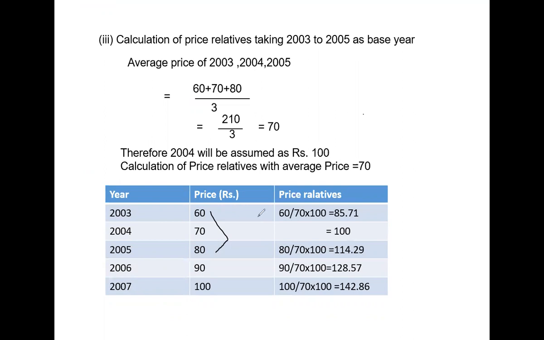And then use 70 as your base value, or the base price. So when you are computing the price relative, it will be 60 divided by 70 times 100, 70 divided by 70 times 100, 80 over 70 times 100, 90 over 70 times 100, and 100 over 70 times 100, okay? That is the third method of computing price relatives.